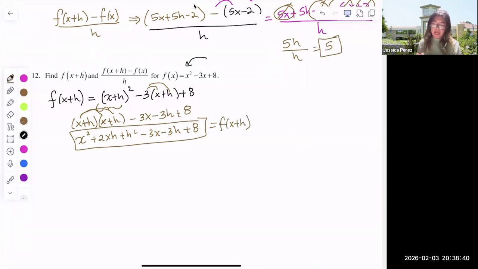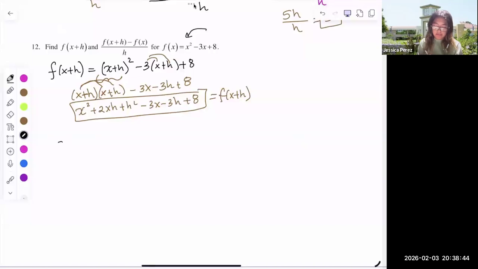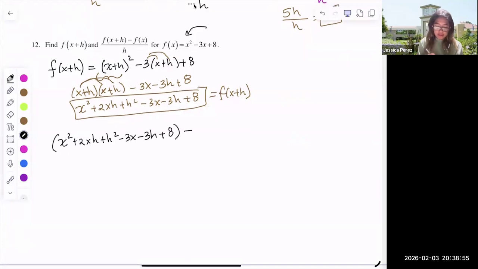So I'm going to use that to substitute for my difference quotient. So I'm going to have x squared plus 2xh plus h squared minus 3x minus 3h plus 8, all this minus f of x, which was x squared minus 3x plus 8, all over h.